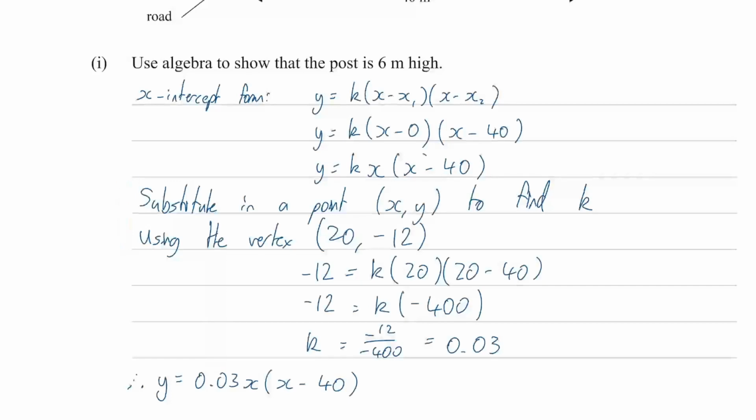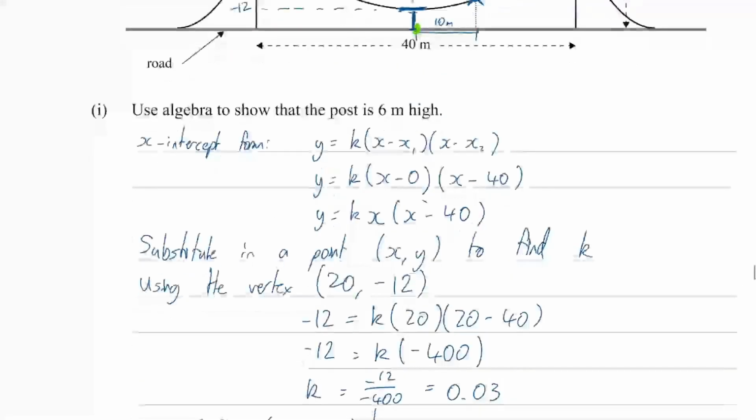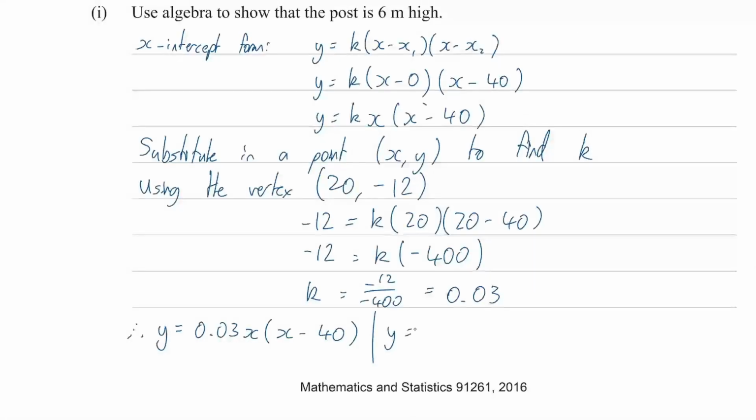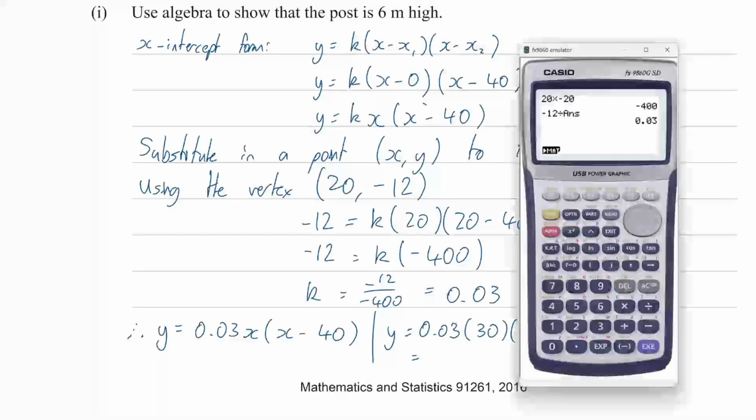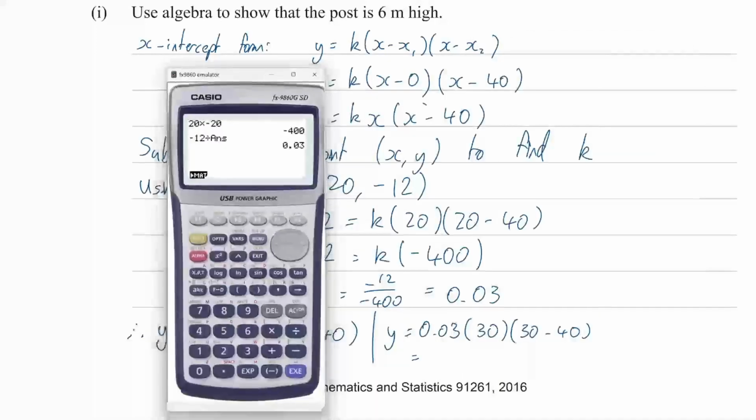So putting in x equals 30, we get y equals 0.03 times 30 times 30 minus 40. Putting that in our calculator, 0.03 times 30, and 30 minus 40 would be times negative 10. That's minus 9.